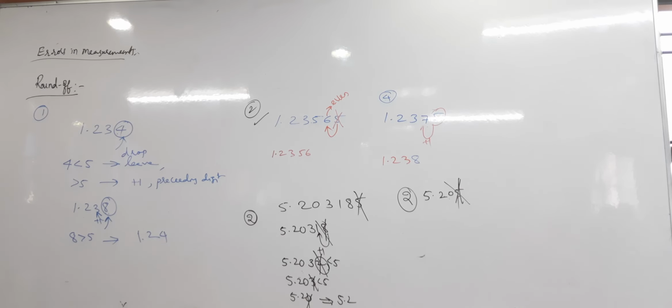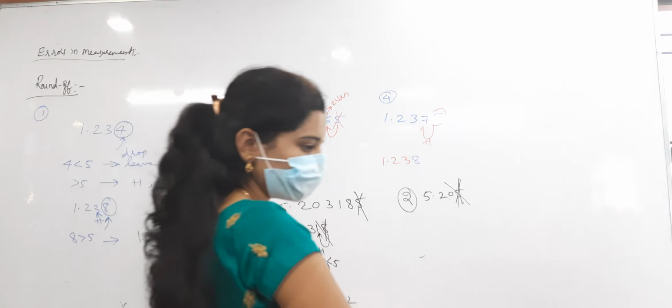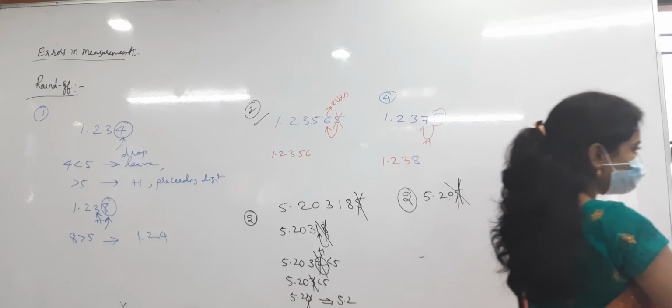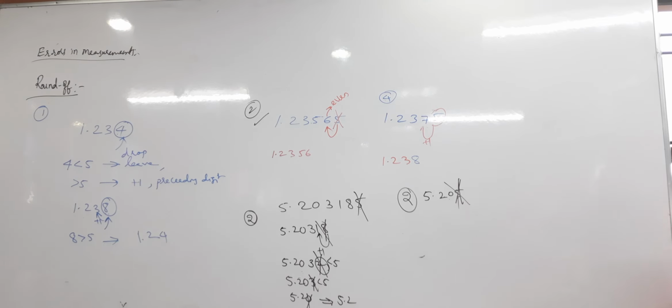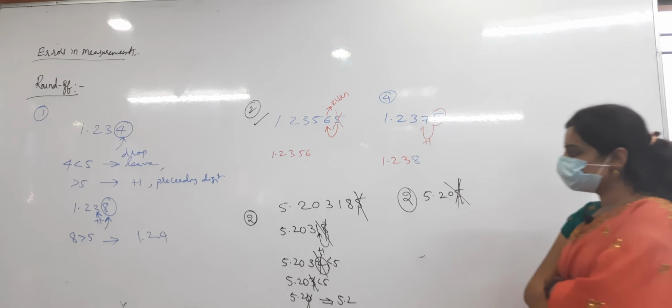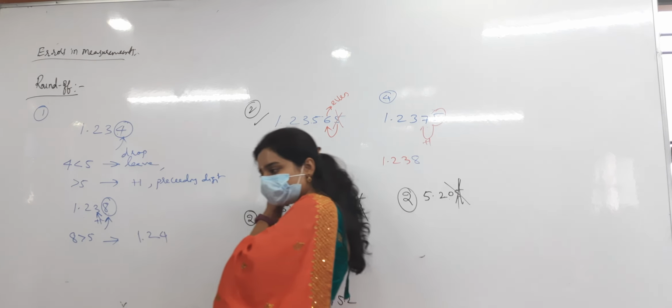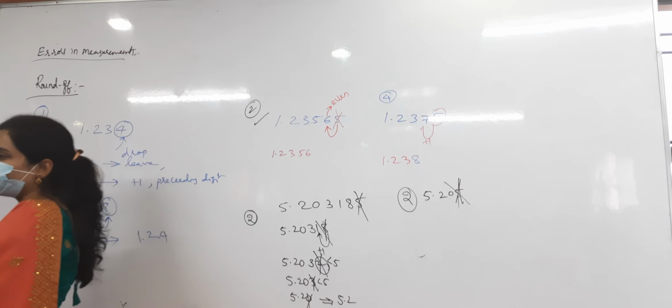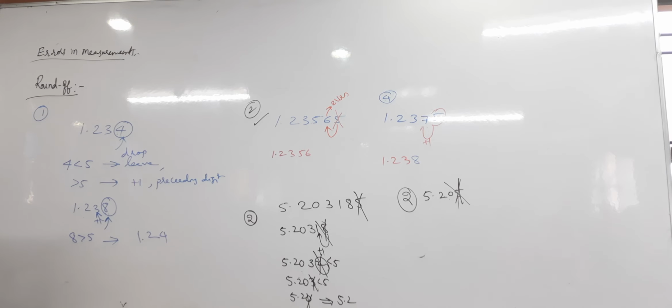Next, if the number to be dropped is 5 and its preceding digit is 0, then apply the even digit rule.